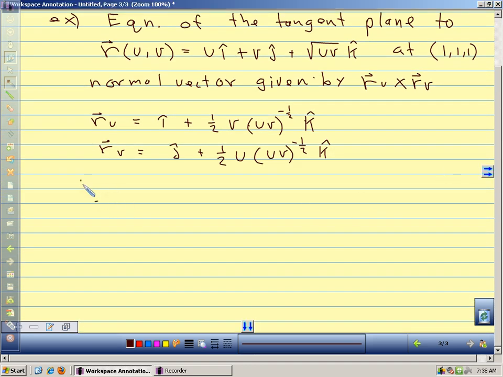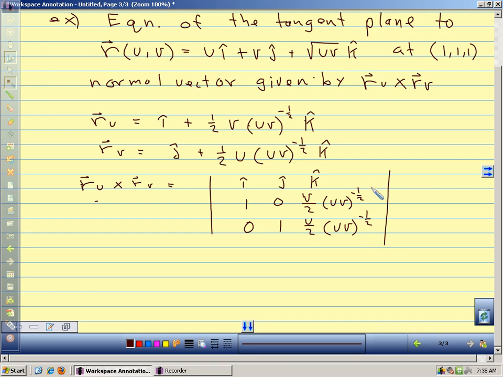So we'll represent our cross product with our determinant. So we have 1, 0, and v over 2 times uv to the minus 1/2 here. And we have a 0, 1, and a u over 2 times uv to the minus 1/2.